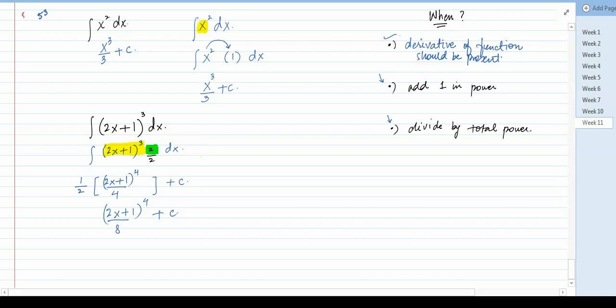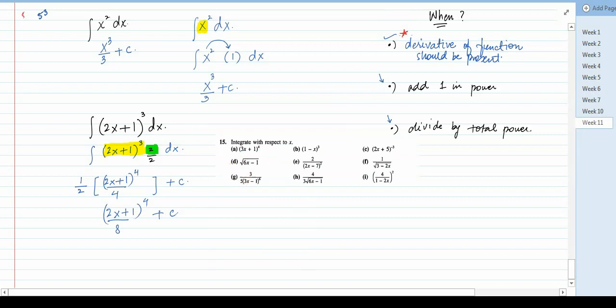So this step is very important. It is difficult at the beginning, but once you get the idea that the derivative part should be present in order to integrate any function, you will go through all the exercises smoothly. Alright, so I will start with the book question, and it's question number 15 from exercise 20.1.